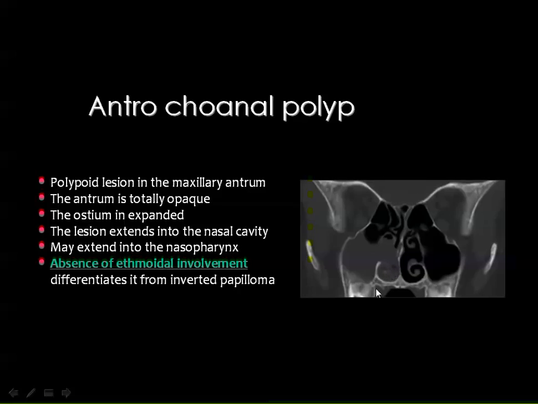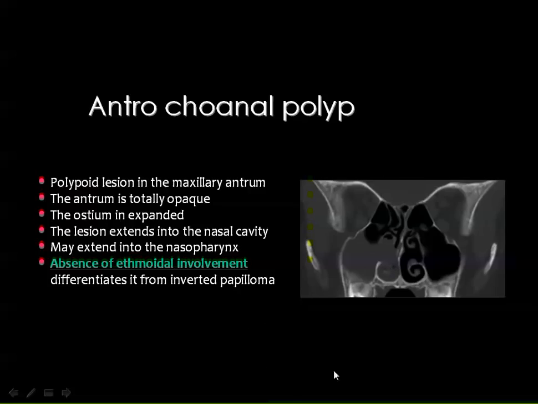The criteria for the diagnosis of antrochoanal polyp: number one, a lesion inside the antrum, and the antrum need not be totally opaque, but you see a lesion in the antrum that is continuous with another lesion in the nasal fossa through the widened antral ostium, and this lesion may also project into the nasopharynx.